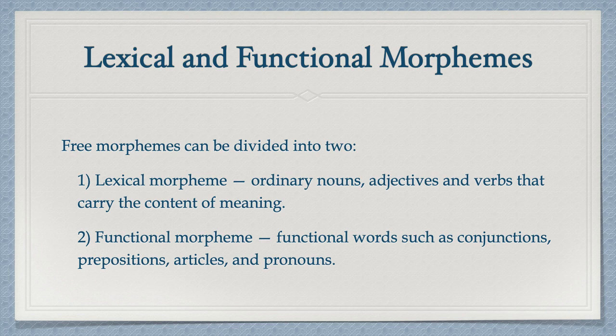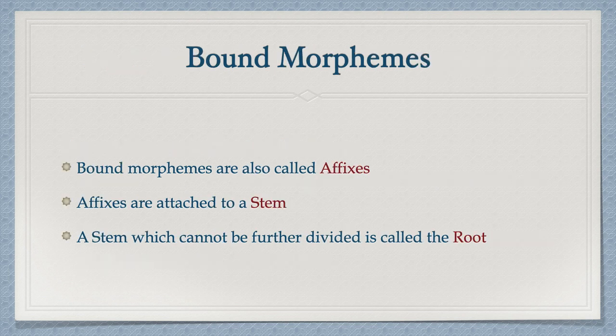So like that, these are words that don't have lexical meaning exactly, but rather have functional meanings. And these are also words that cannot be easily translated into another language. So free morphemes can be divided into lexical morphemes and functional morphemes.